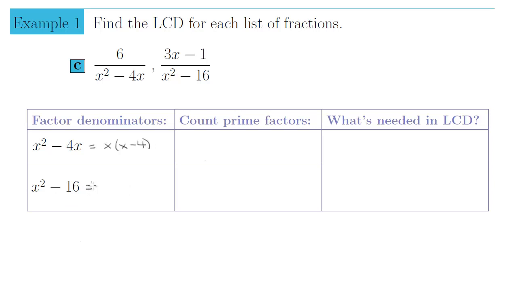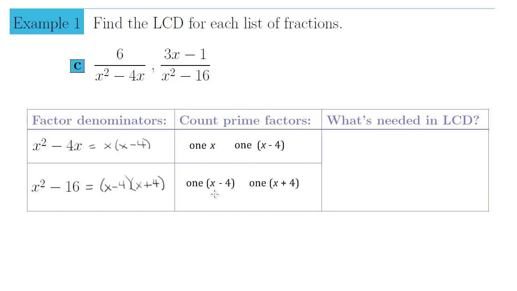To factor x squared minus 16, we observe this is a difference of squares. This factors as x minus 4 times x plus 4. Now we count the prime factors, the number of times each factor occurs in the factorizations. In the first factorization, there's one x and one x minus 4.